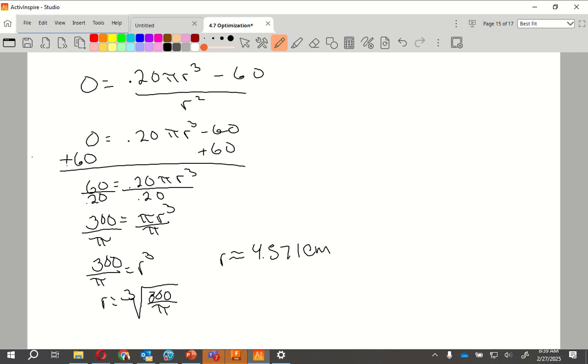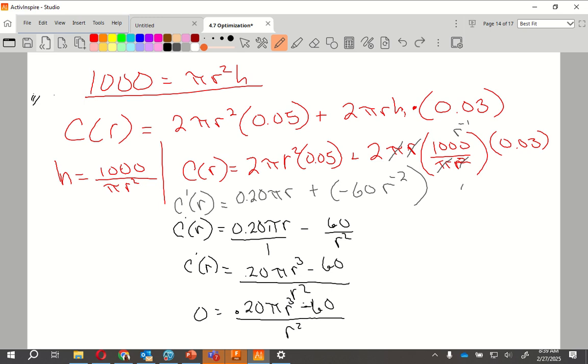Okay, so now in this can, my radius is going to be 4.571. Now I got to try and find what the height is going to be too. So I'm going to go back, and my height is right here.